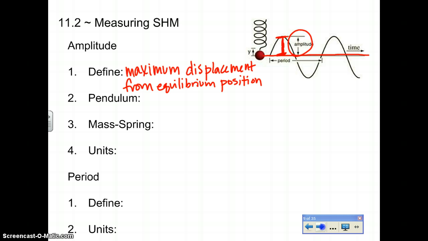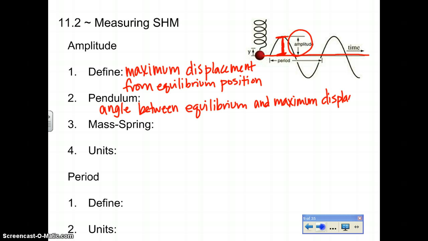Now for a pendulum, it's going to be more specific. For a pendulum, it's going to be the angle that you're dealing with. So angle between equilibrium and maximum displacement. For a mass spring system, it's going to be different yet again.